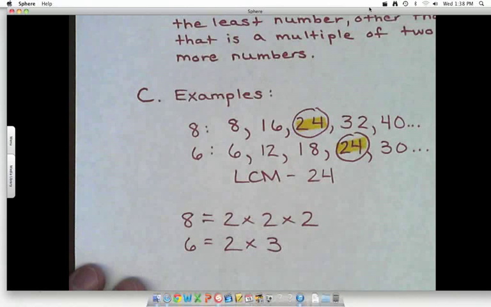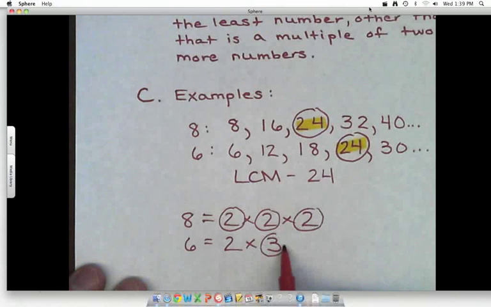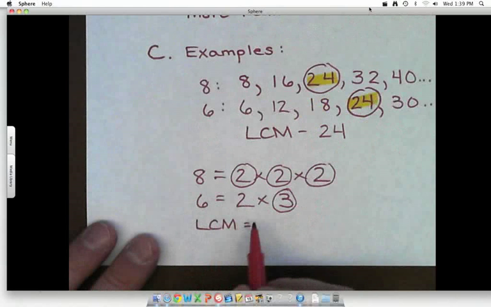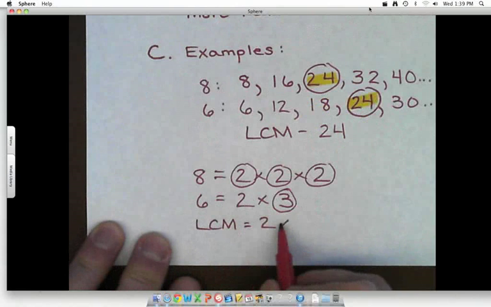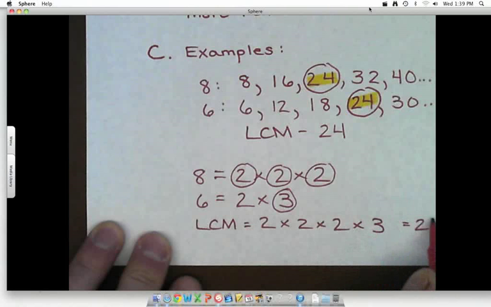If you circle the greatest number of times each different factor appears, and then find the product of these factors, so again, 2 appears 3 times, and 3 appears once. And if you multiply these together, you have 2 times 2 times 2 times 3, which equals 24.